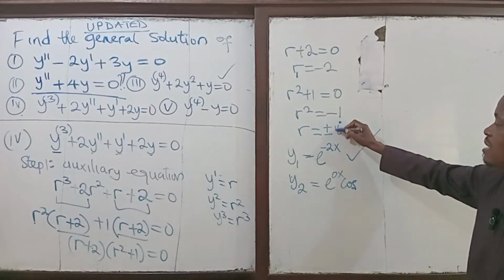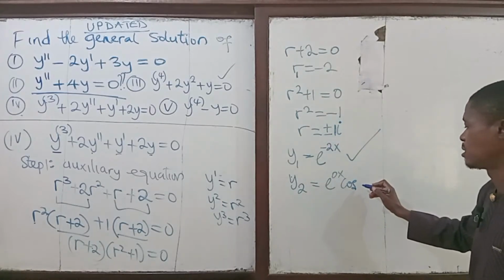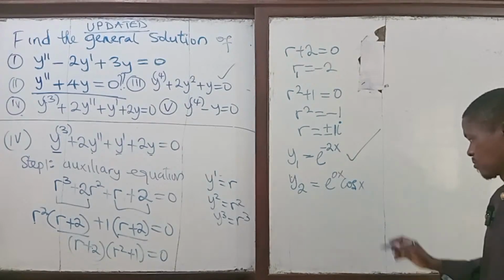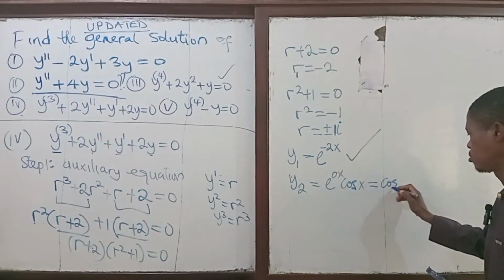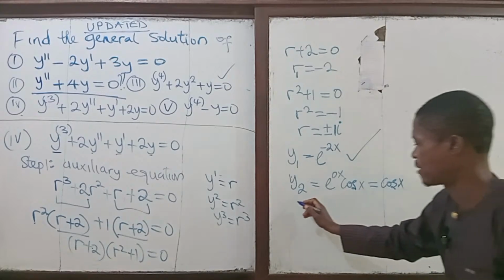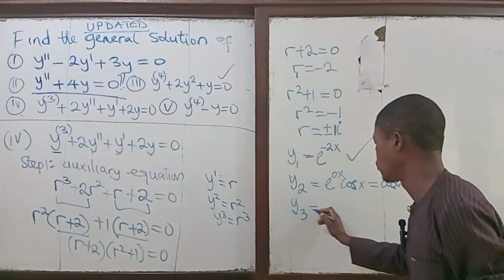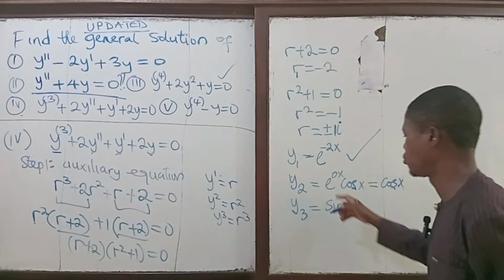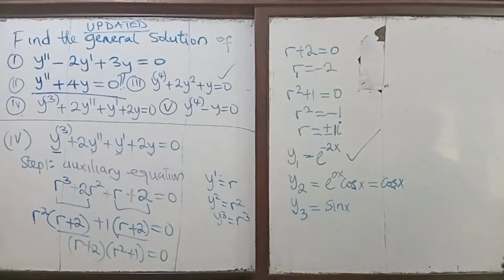My beta is the coefficient of i, which is 1. So this gives you cos x. Then y3 is sin x, doing the same thing.